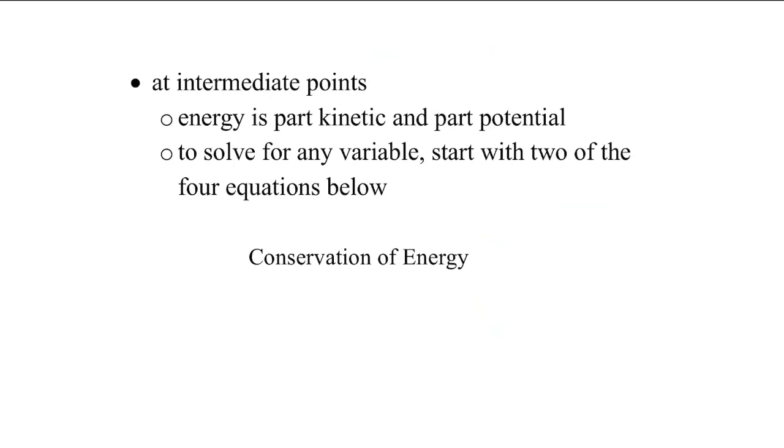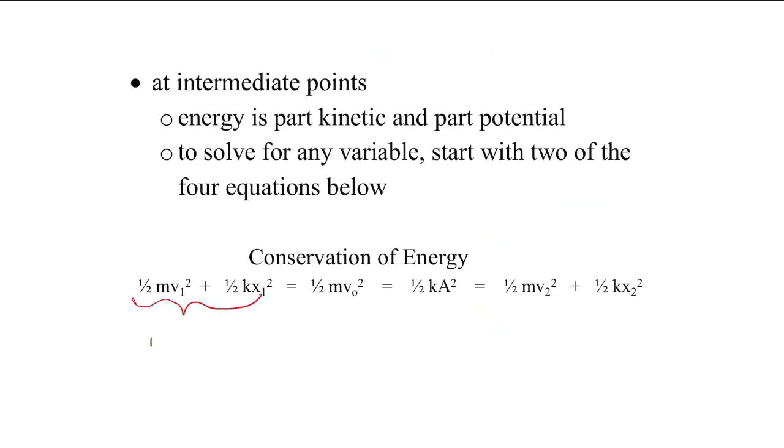So of course, if you need to solve for any variable, you probably want one of your maximums or equilibrium, so you can figure out your total mechanical energy. And then of course, you're going to make any two of these parts of the equation work, okay? So of course, this is an intermediate part.